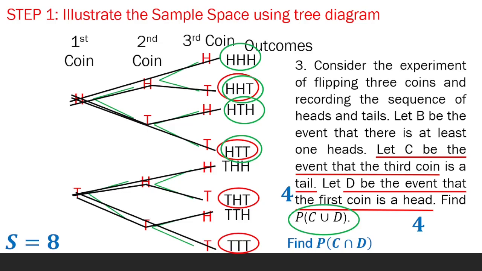Now, allow me to show you the illustration again. In observing the illustration, they have in common HHT and HTT. So, therefore, their intersection is 2. And the probability of that intersection is 2 over 8. We're done analyzing the problem.